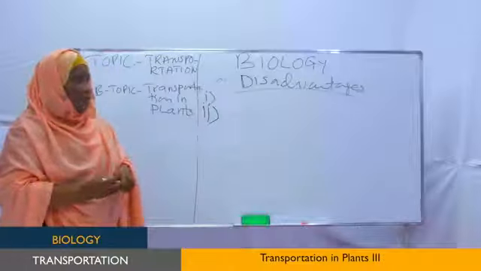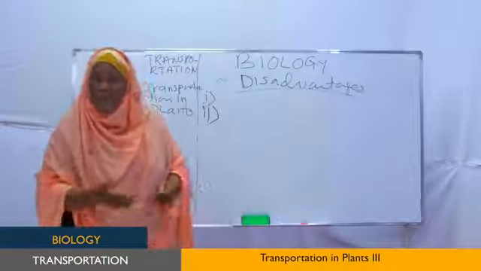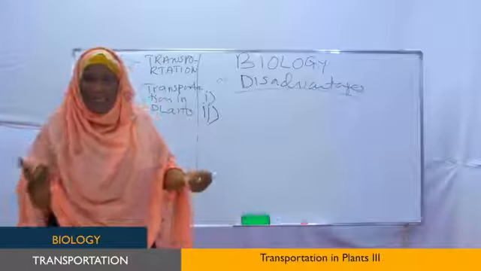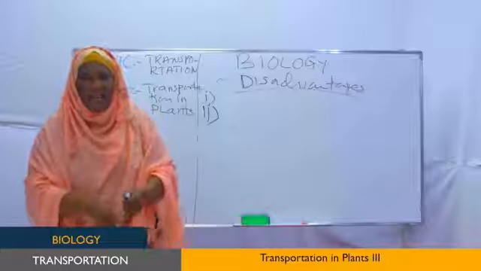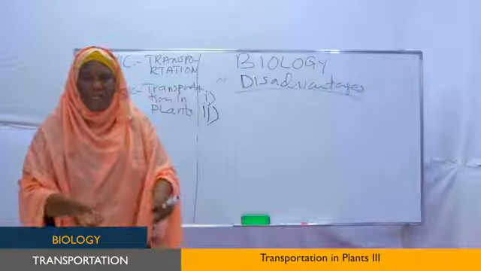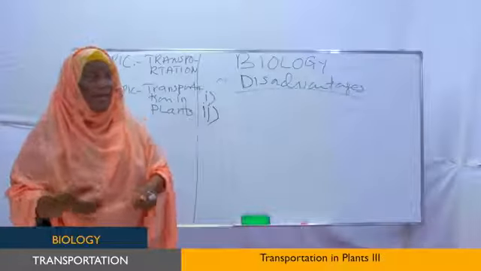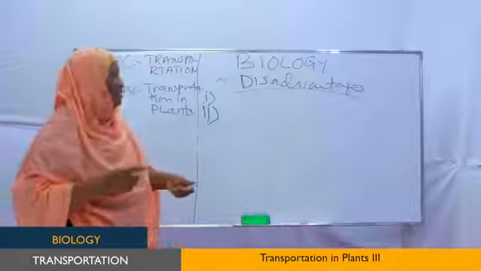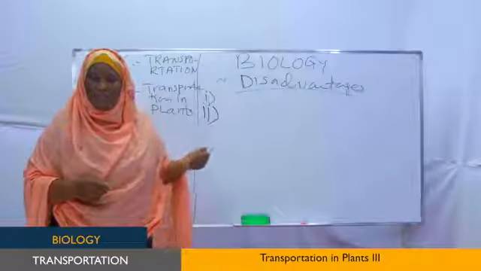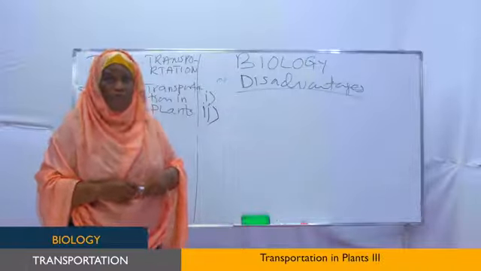here we know that plants need water for various purposes. For example, photosynthesis needs water. Even the removal of waste products in the body of the plant needs water. Therefore, if water is lost, it hinders other physiological processes of the plant due to lack of water.